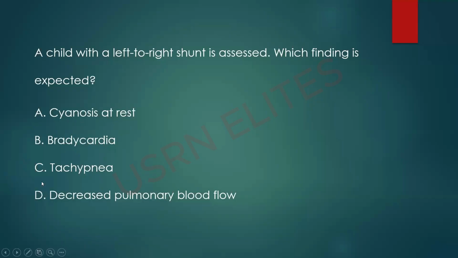You know that A, B, D are wrong. So what will be your best shot? You have no other option than to choose C, and that is correct, because you have lots of workload happening and you're going to breathe at a faster rate to compensate. So the answer is C.